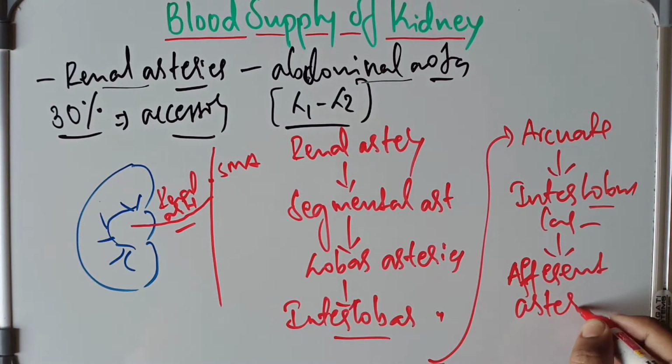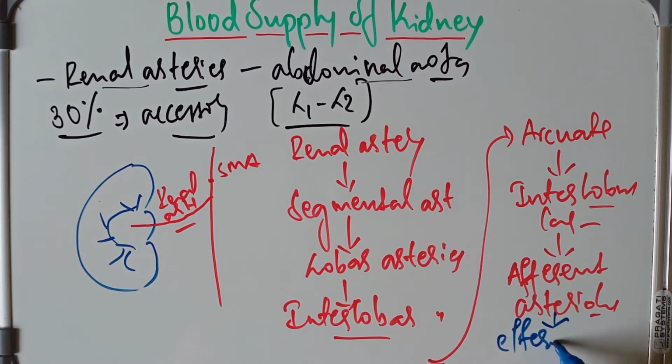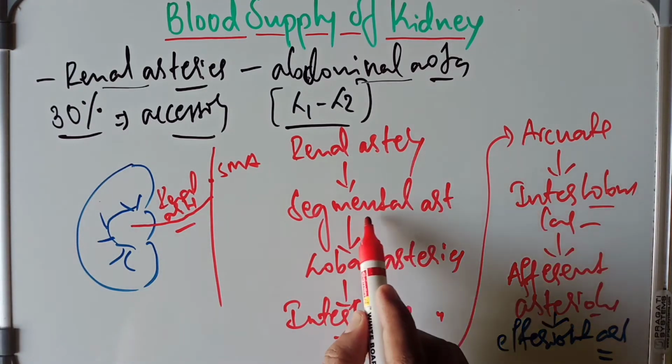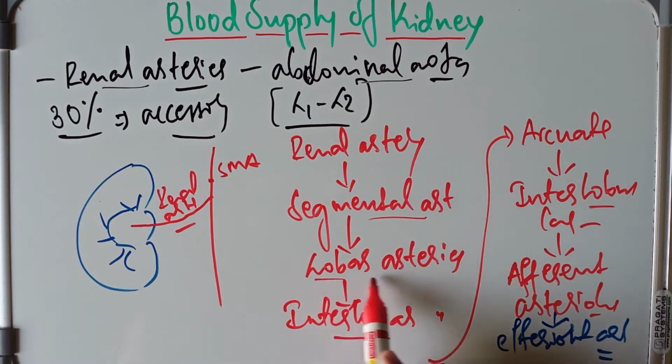These arterioles will supply the glomerulus. So basically we have the renal artery dividing into the segmental arteries. These segmental arteries will divide into the lobar arteries.